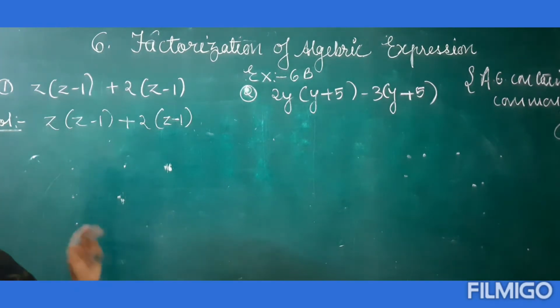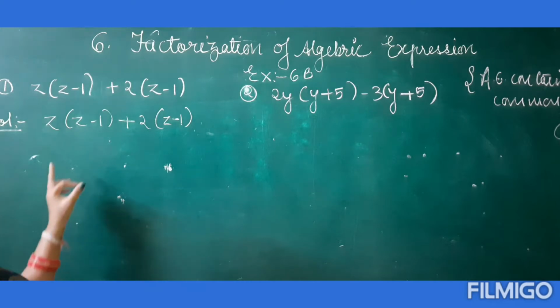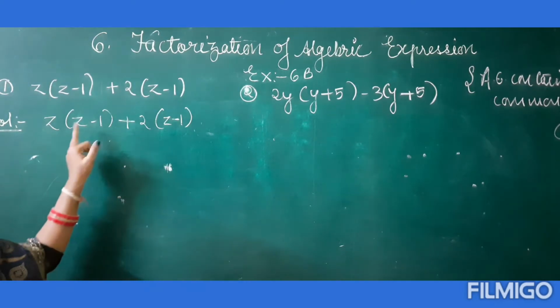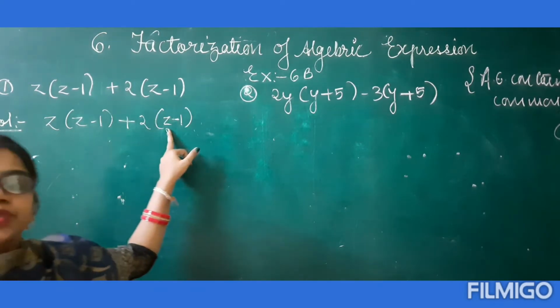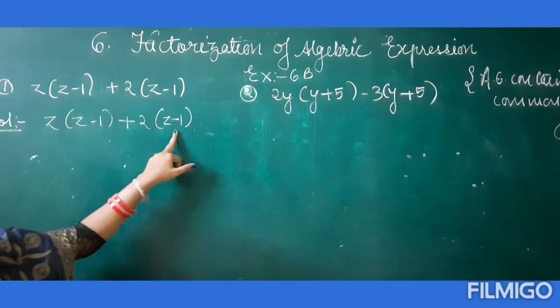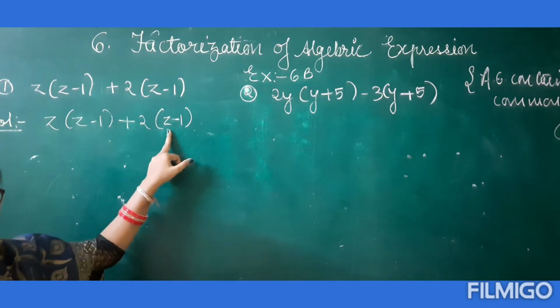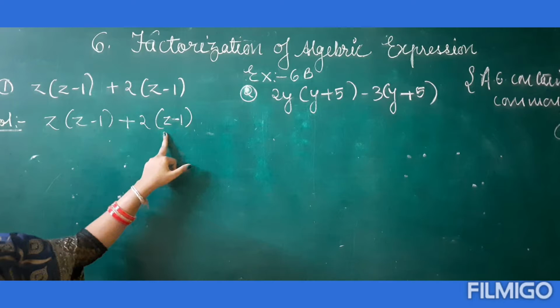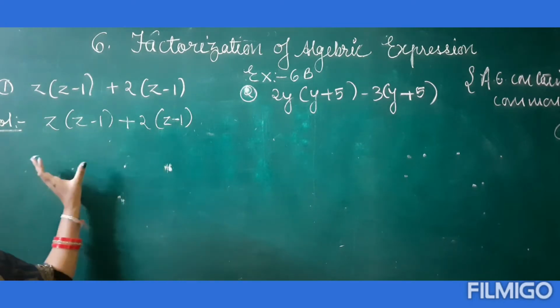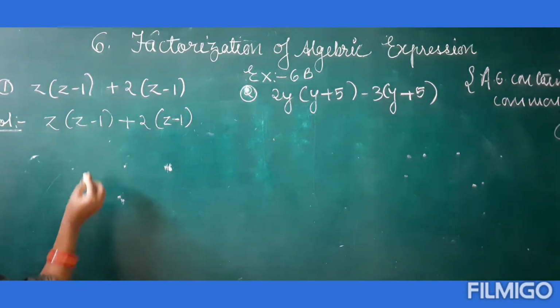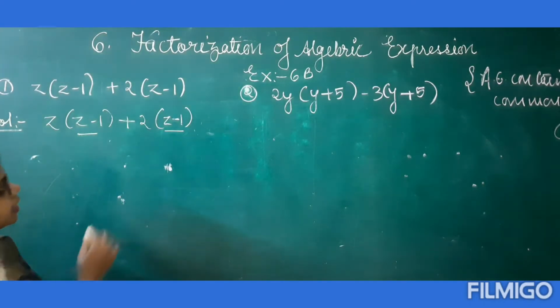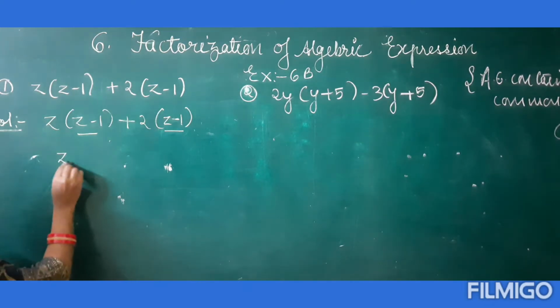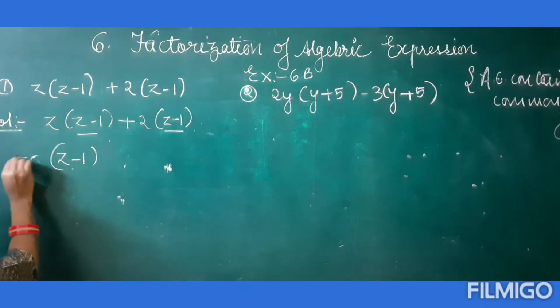Z and 1 are two terms and therefore it is binomial. So from both, z minus 1 and z minus 1 is common. So these are the common binomial factors here. What we will do is take out the common binomial factor and write it down here. So here you can get z minus 1 and z minus 1 as common.